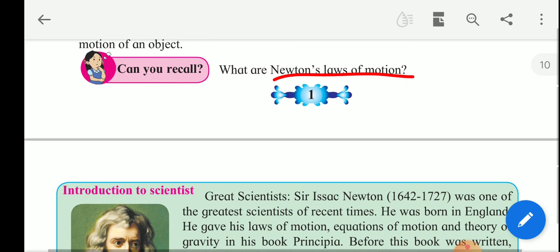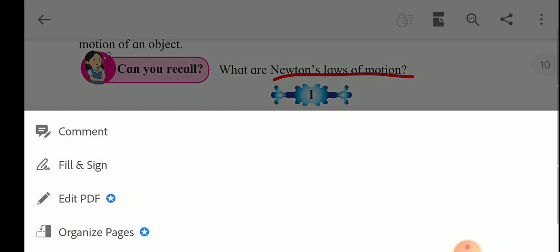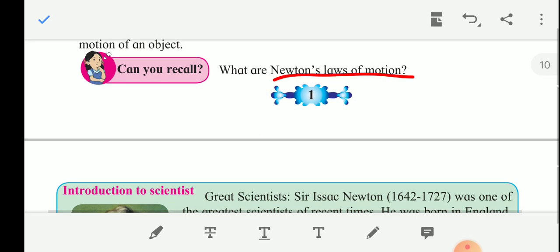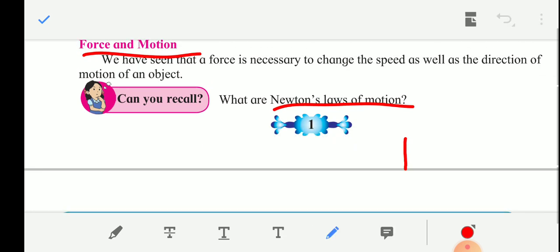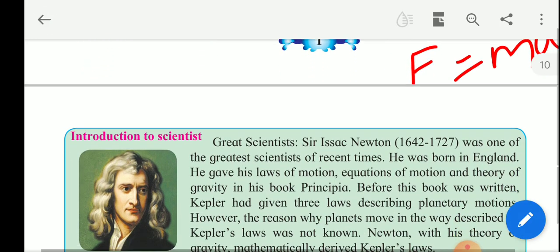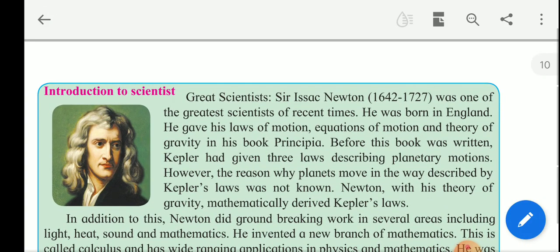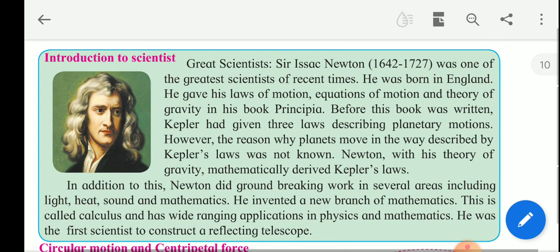The second states that force is equal to mass into acceleration. The third states that every action has an equal, opposite and instantaneous reaction.